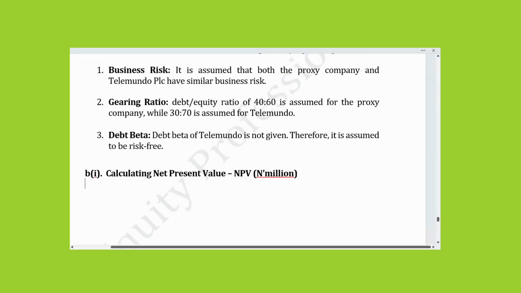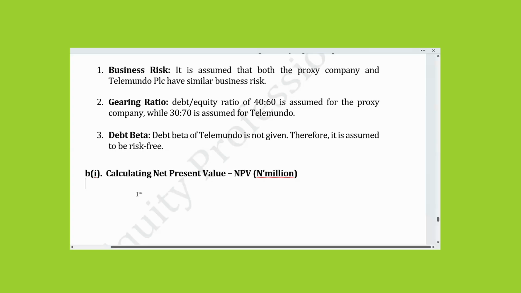When you have multiple variables in a question, you are given sales value, variable cost, incremental or specific fixed cost, working capital, scrap value, initial outlay, inflation, and there's also taxation. In this case, you cannot use the small table to calculate NPV. You have to use the columnar format.